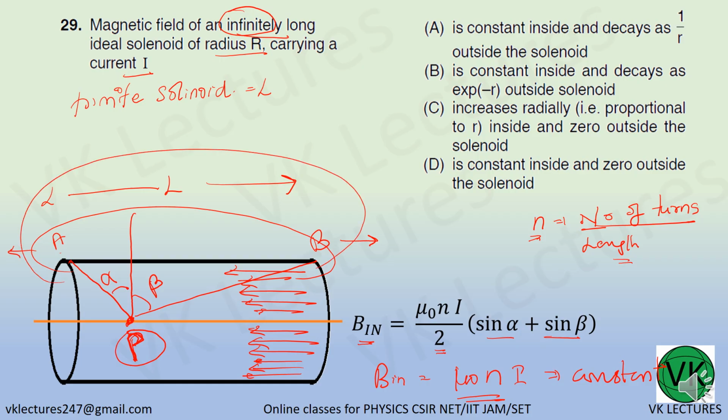Now with respect to inside the magnetic field, outside is nearly equal to 0. So magnetic field outside, B outside solenoid is 0. So magnetic field is 0 outside the solenoid and is constant inside the solenoid. What constant value is nothing but mu naught n I.